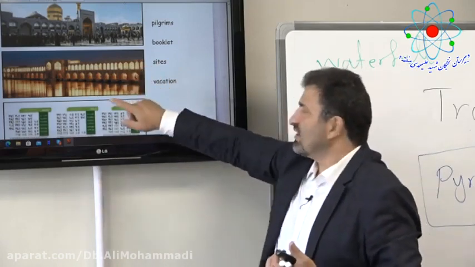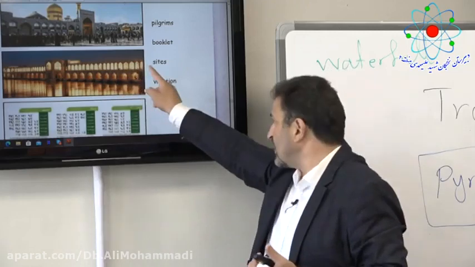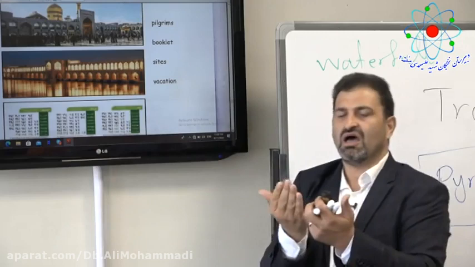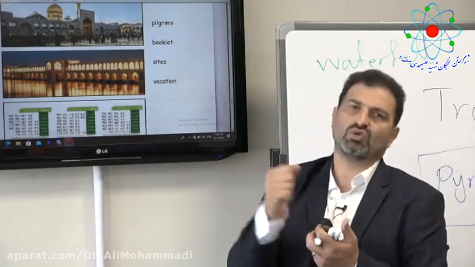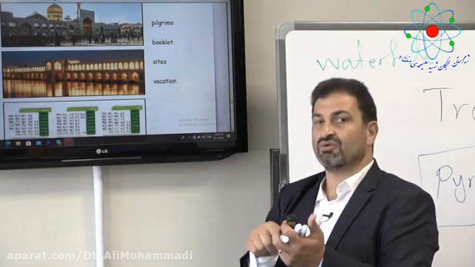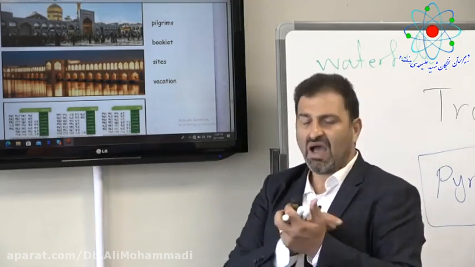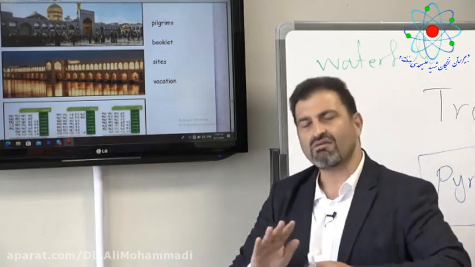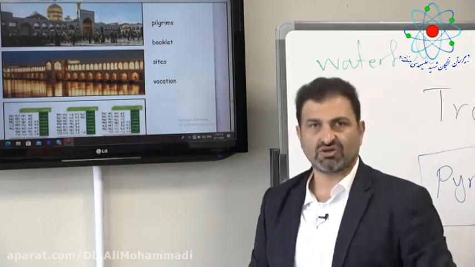So this one matches with sites, and this one here shows, this is the day I'm going to work, this is the day I'm going to university, this is the day I'm teaching at a school. These 2 days I am off, I don't go to work, I relax. I take a trip somewhere.